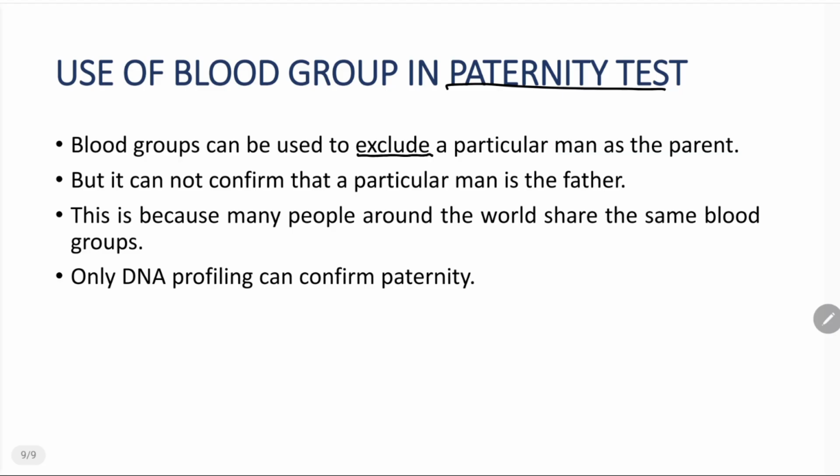So we can only use these blood groups to exclude, to say that this man is not the father to this child. But we cannot use blood groups to confirm that this particular man is the father. I repeat, when we use blood groups in paternity testing, we can only use these blood groups to exclude a particular man as the father. But the use of blood groups cannot confirm that this particular man is the father to this child.